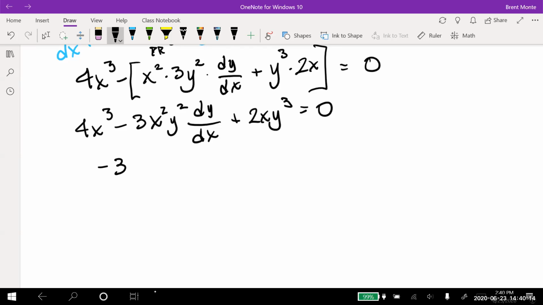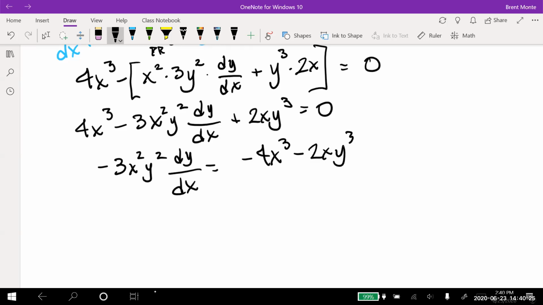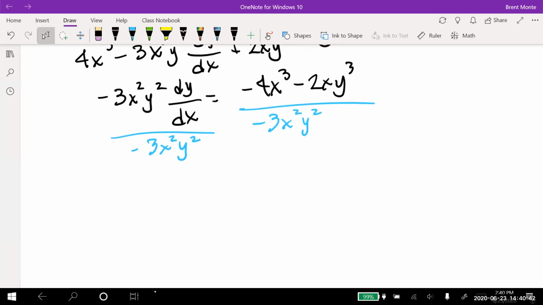So I'm getting negative 3x squared y squared dy/dx equals negative 4x cubed minus 2xy cubed. And then I can divide away the negative 3x squared y squared. And I'll be left with just dy/dx on the left side.